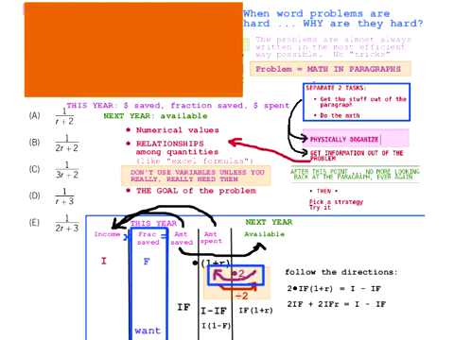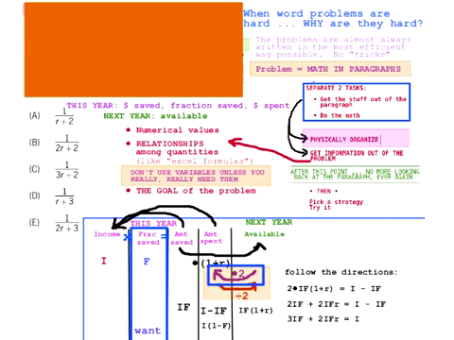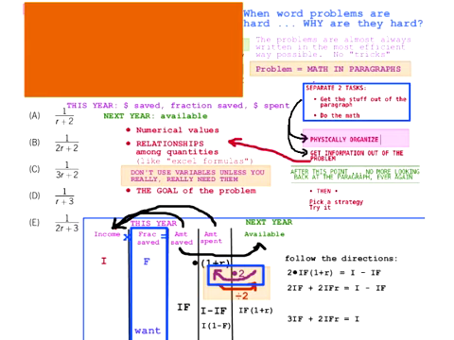So I move the IF over, it's 3IF plus 2IFR equals I. And then to solve for F, let's move this stuff up. I just have to factor F out of that left side.